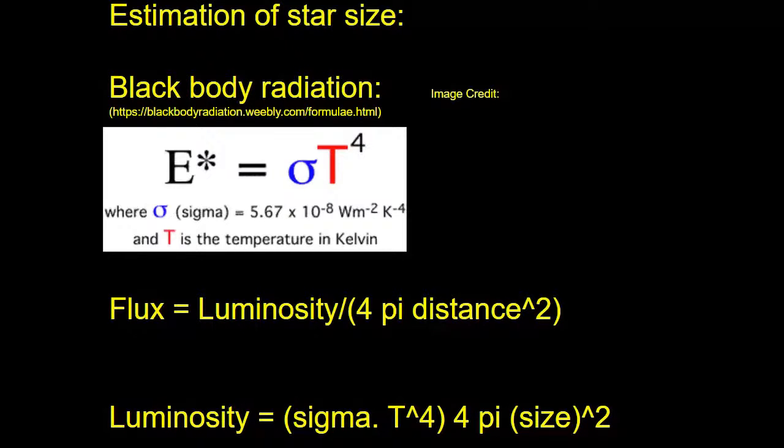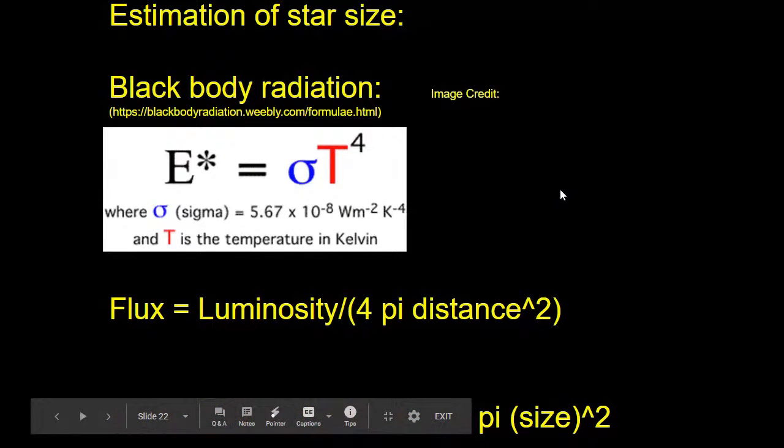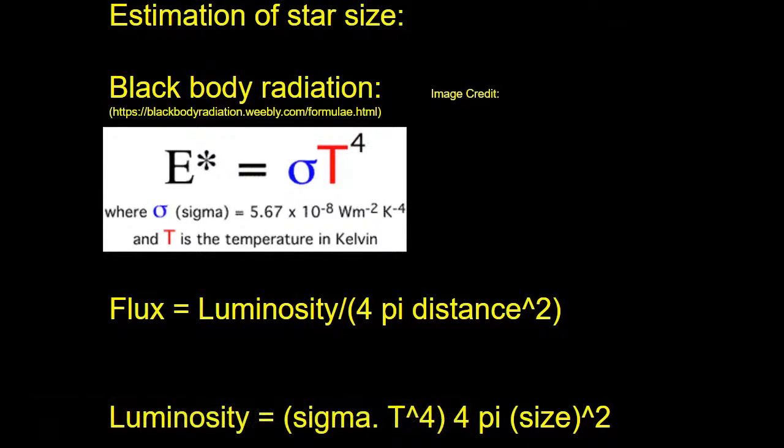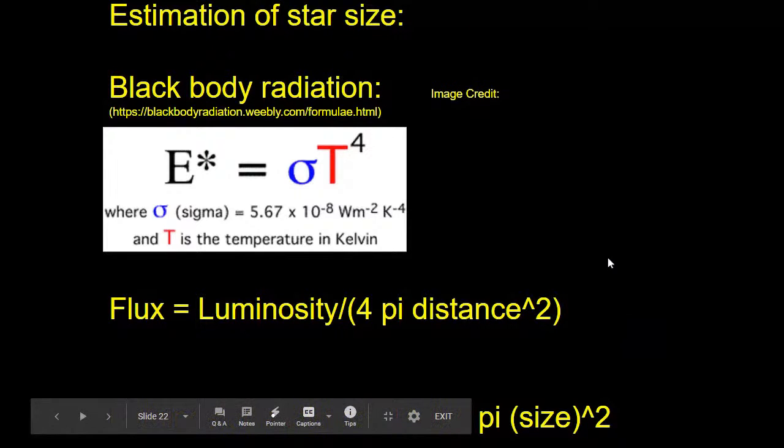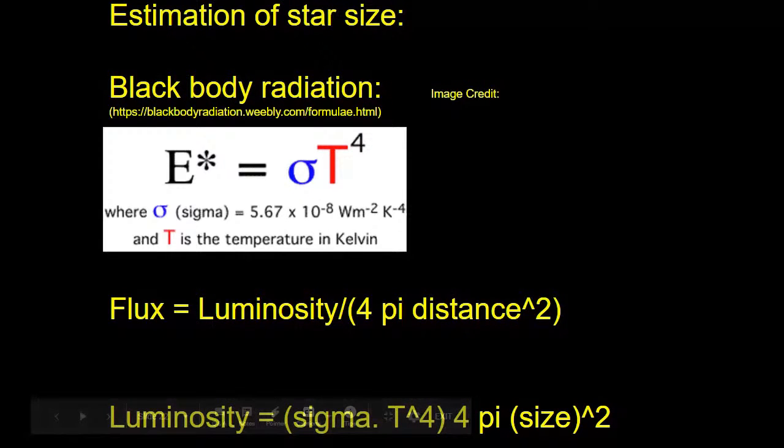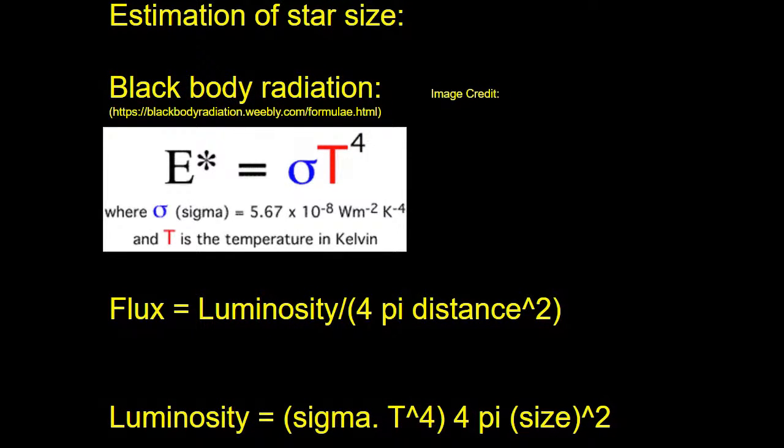But luminosity is also equal to flux times 4 pi distance square, and hence the only unknown is the size, or r0, and therefore we can find out the radius of the star using the information that luminosity is flux multiplied by 4 pi distance square, and luminosity is also sigma T raised to power 4 multiplied by 4 pi r0 square. Using these two relations, we can estimate the size of the star.